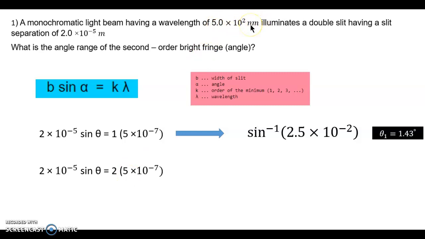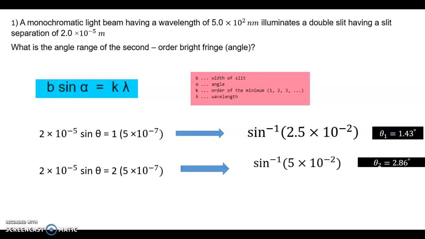Now again, solve for sine of theta, and you will get shift sine of 5 times 10 to the negative 2. In the calculator you replace it, and you will get theta of 2.86.